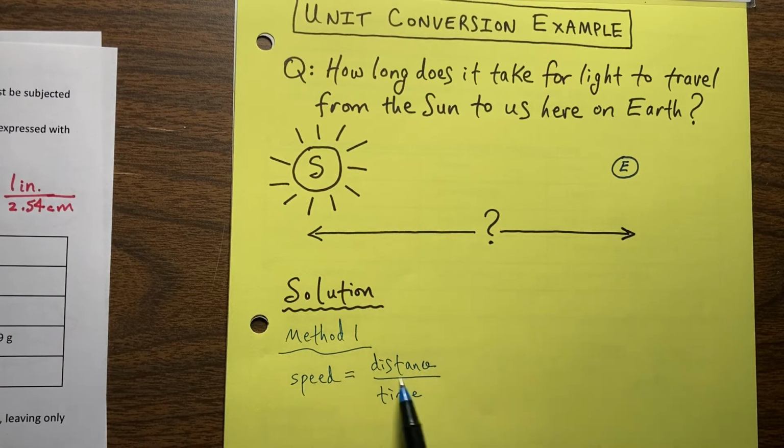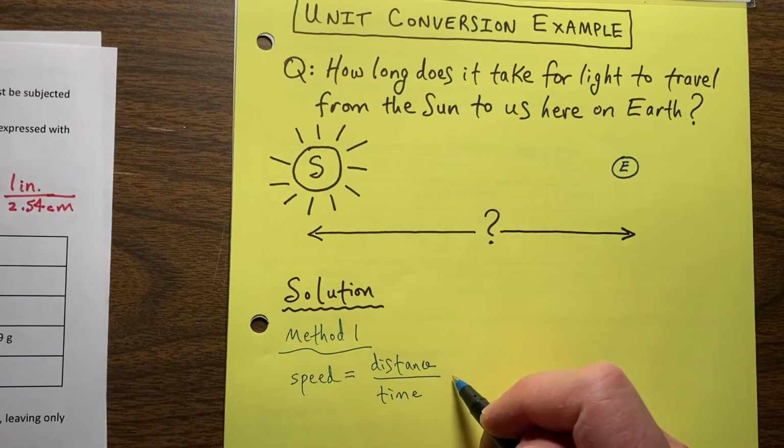So this is what you're being asked, how long it takes, and then you'd have to know the speed of light and the distance. So you would be given 2 of the 3 unknowns in a problem like this. You can't get an answer without knowing at least 2 of them to get the third.